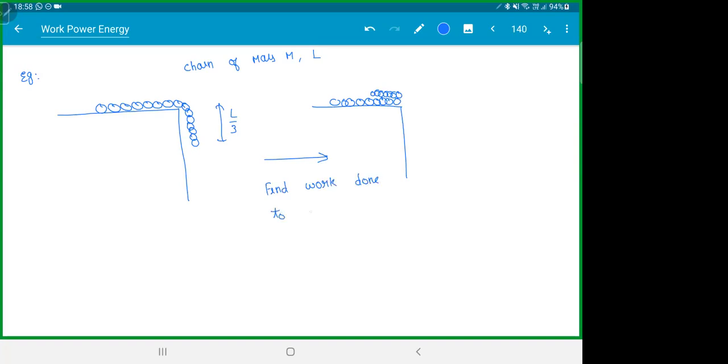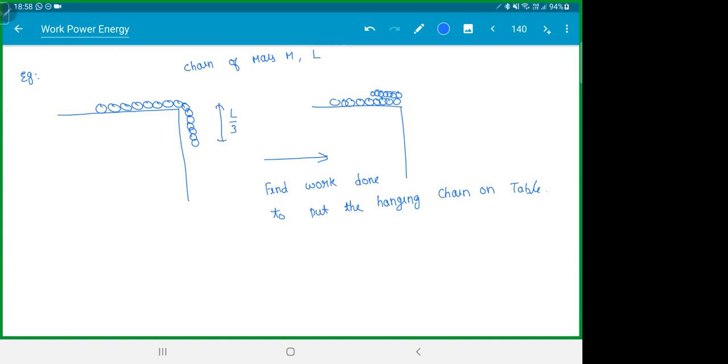Find work done to put the hanging chain on the table. Get this? So for linear objects, you can treat them as point masses at the center.